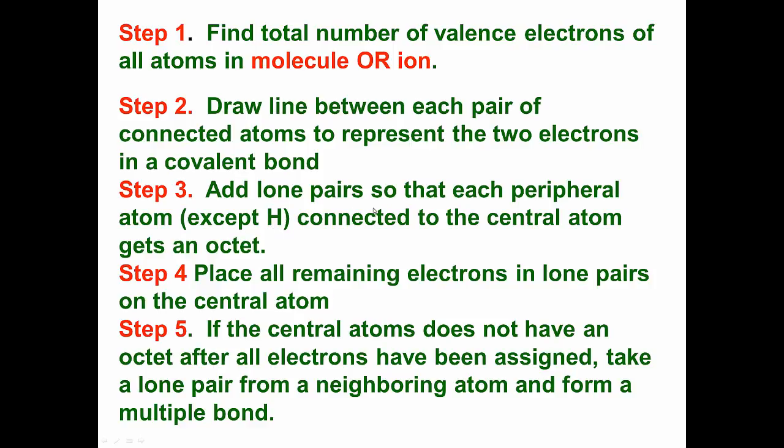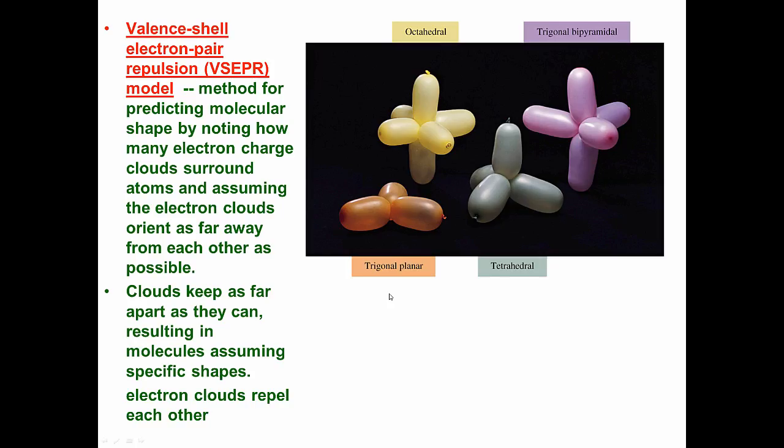Hydrogen can't have an octet. We then place any remaining electrons in lone pairs on the central atom. If the central atom does not have an octet after all the electrons have been assigned, we need to take a lone pair from a neighboring atom and form either a double or triple bond.